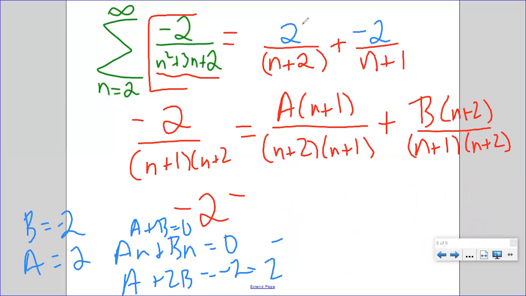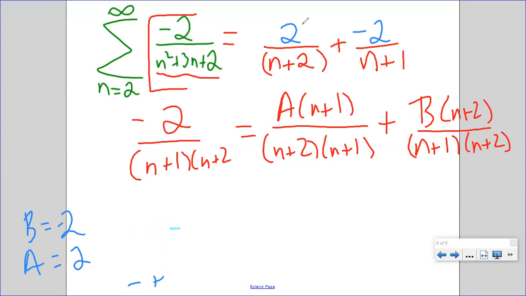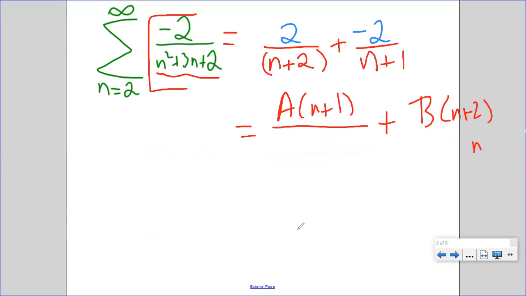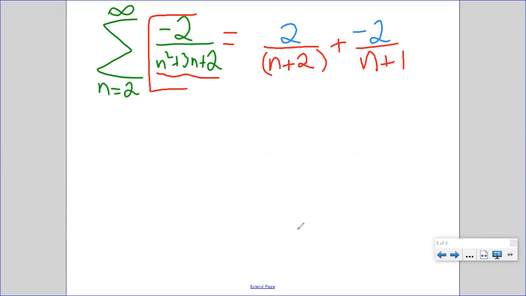Yeah, Olivia. Wait, but didn't you say the range was from 2 to infinity? So how can n be -1? We're just plugging in values that n could be. If I change this to be 0, or if I changed it for some reason to be like -4, that wouldn't matter, right? Like what the A and B are. We're only using this because we're trying to figure out how we could make this into 2 linear fractions to deal with.